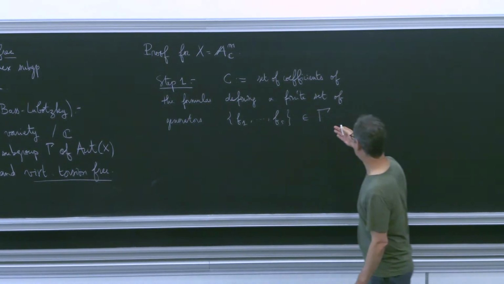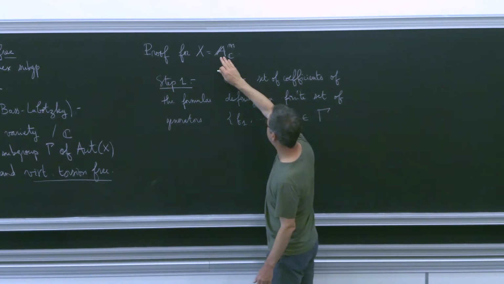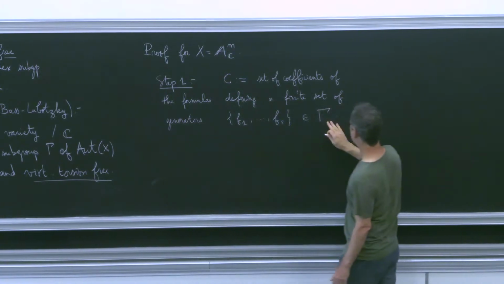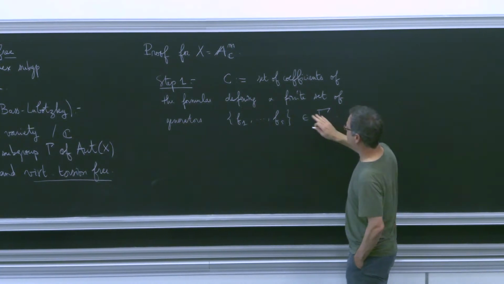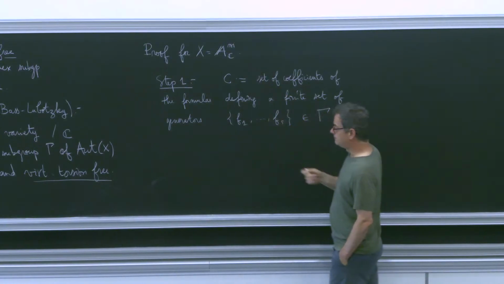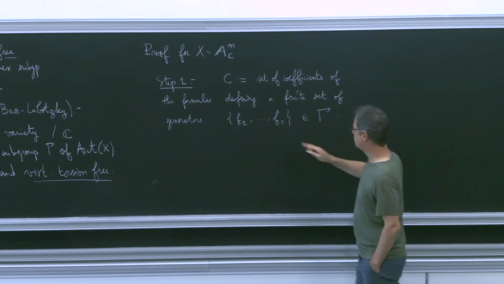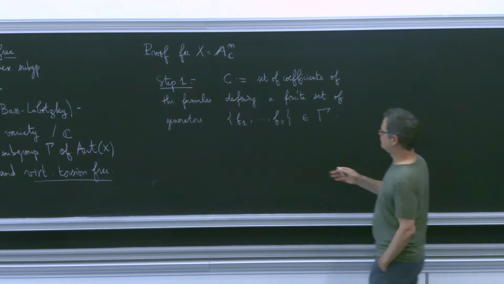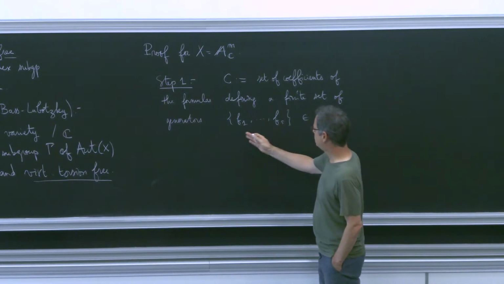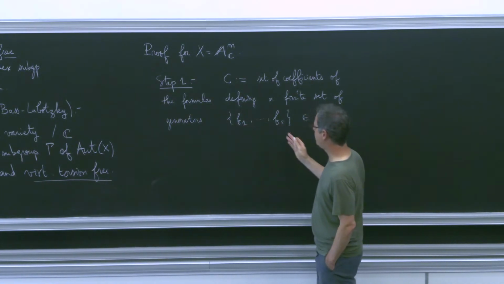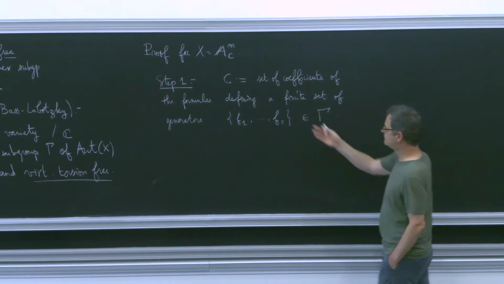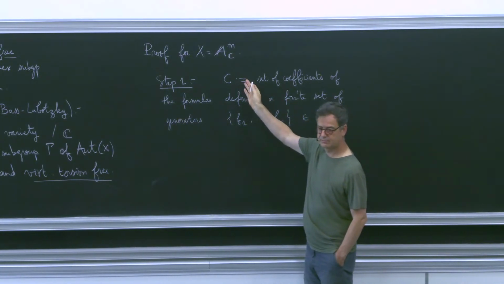Here I'm using that X is the affine space, so you write the elements of gamma in affine coordinates. So you choose a finite set of generators, you write explicit polynomial formulas for the fi, and you list all the coefficients that you see.